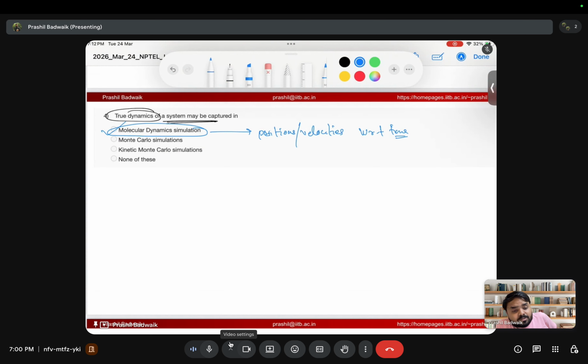In Monte Carlo, you randomly choose points in phase space and then see whether that point is possible or not. Some of the points will be possible, some will not be. Some regions need to be sampled more, and some do not. That's why molecular dynamics, which calculates with respect to time, samples the true dynamics.